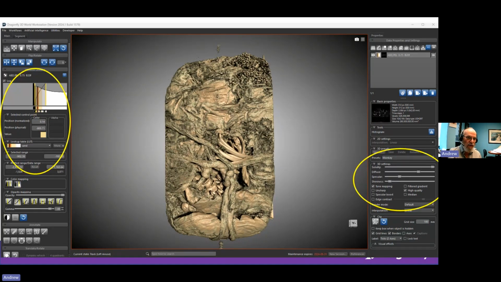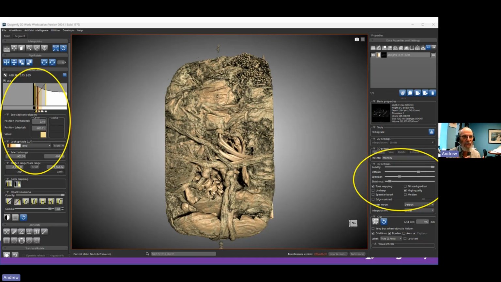And the key, I've got circled there the 3D presets, and then the windowing and leveling area. Those are highly variable for our data sets, and so we spend a lot of time playing around with those settings.